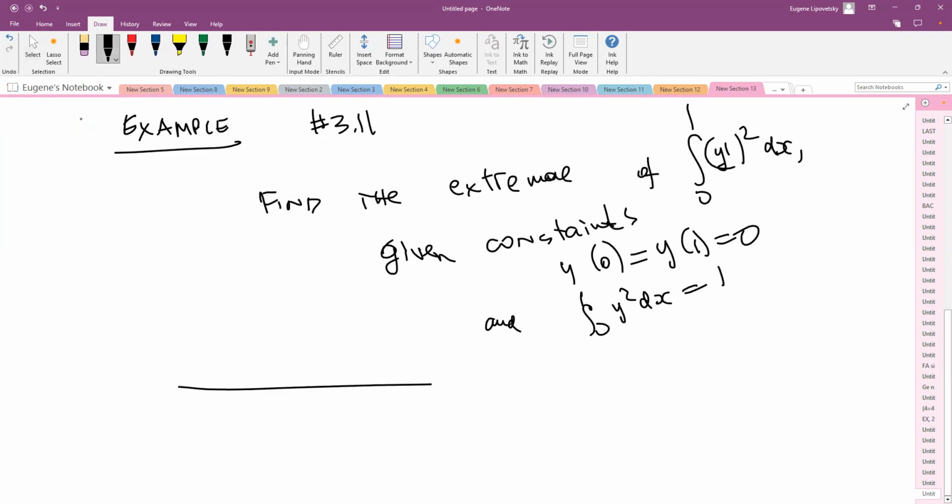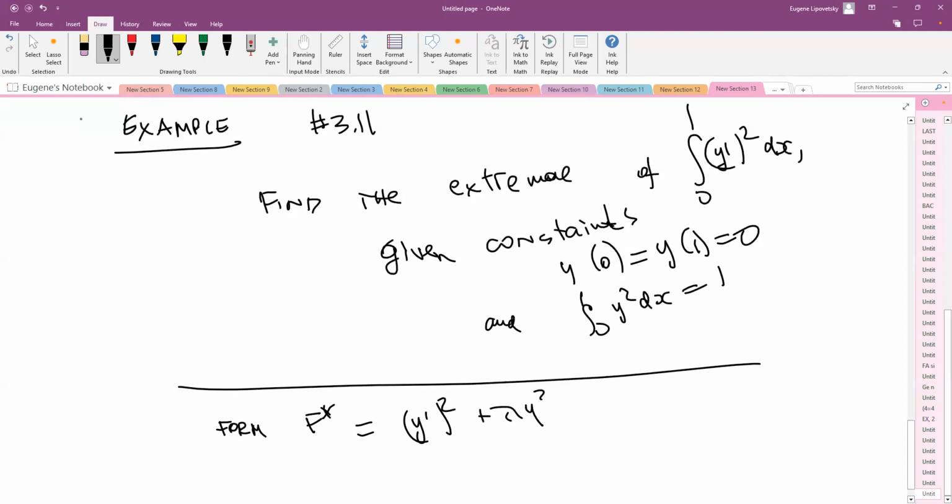Okay. Form f star, and that will be y prime squared plus lambda y squared.